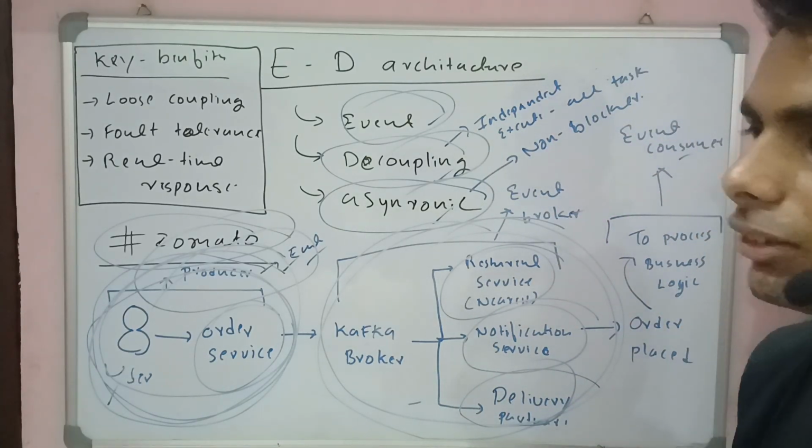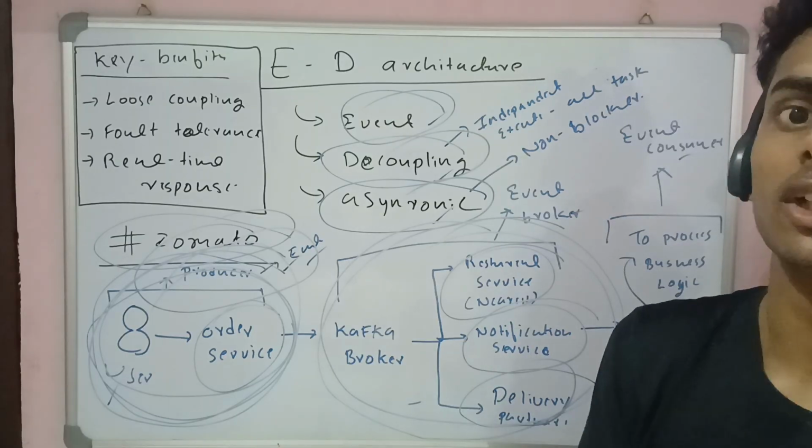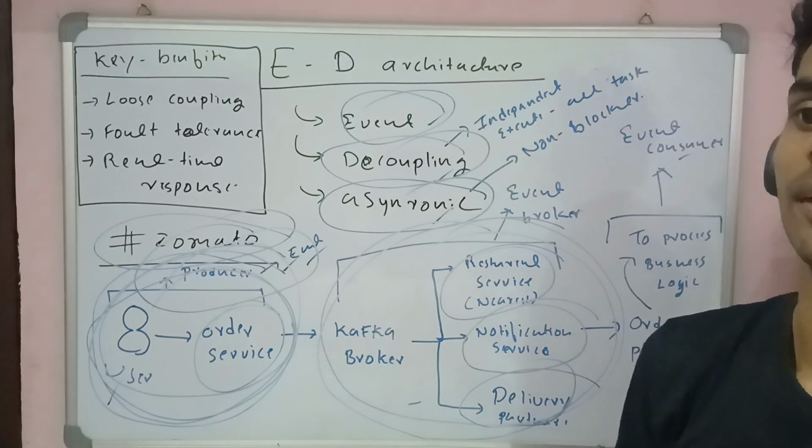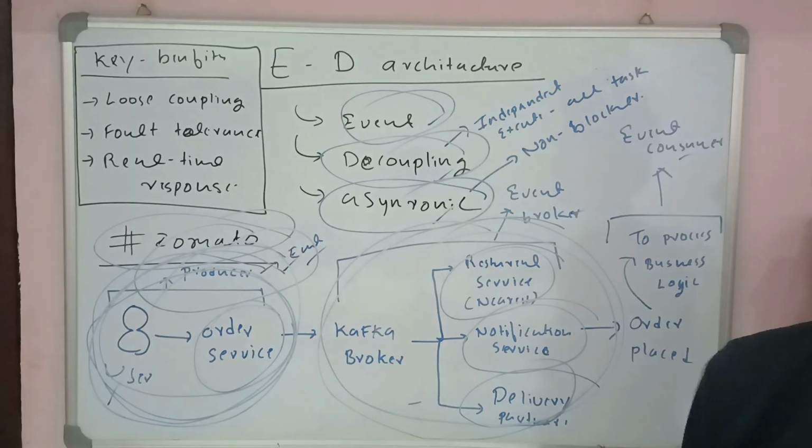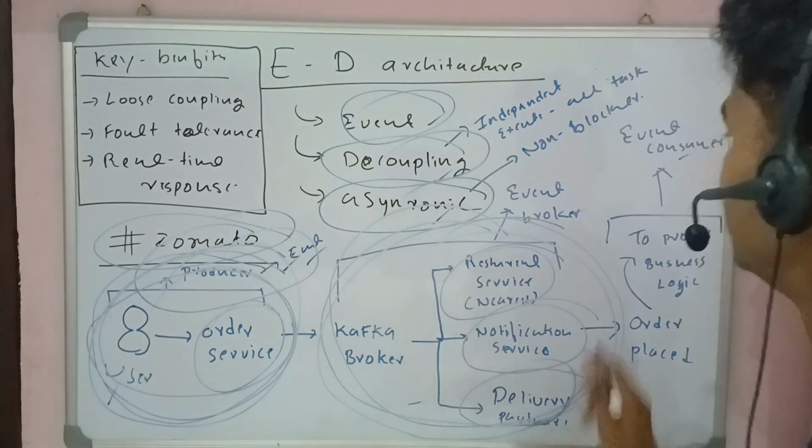So the event broker is all about processing the event logically: choosing the right restaurant, the notification service, and the right delivery partner for this order. That's all about the event broker.